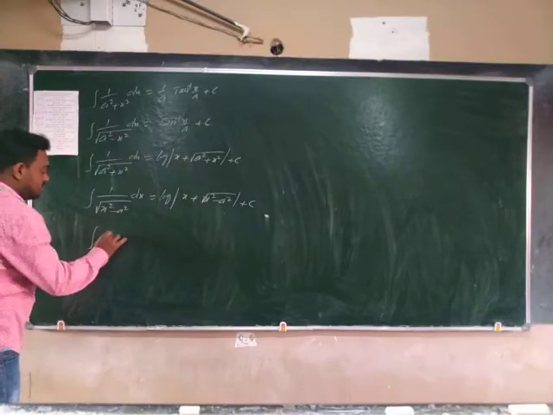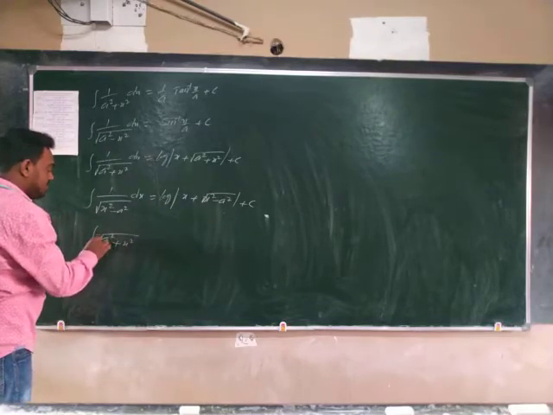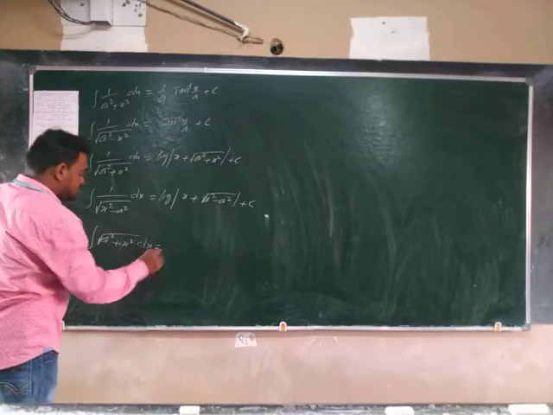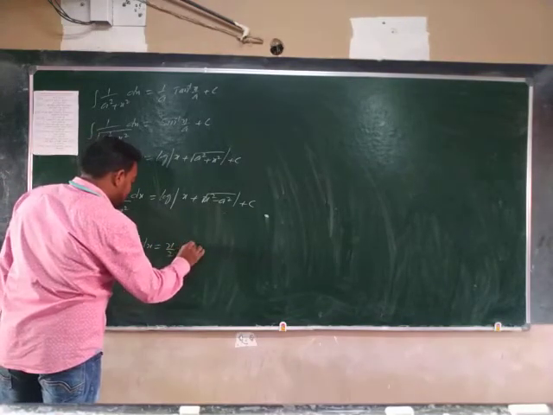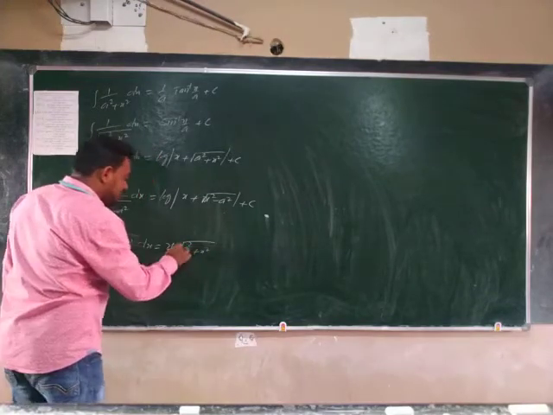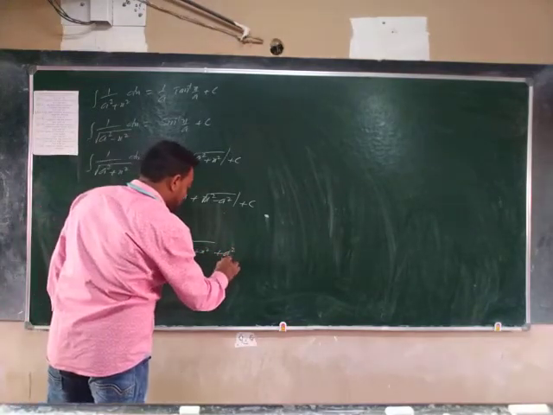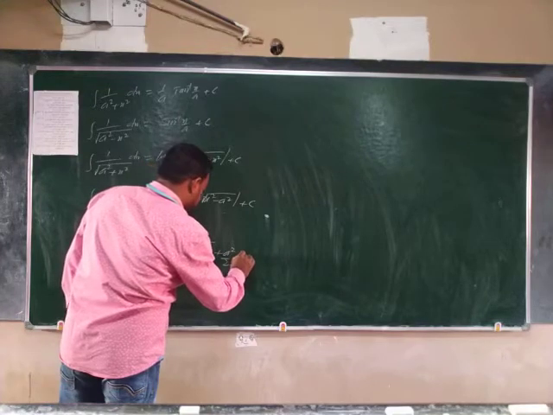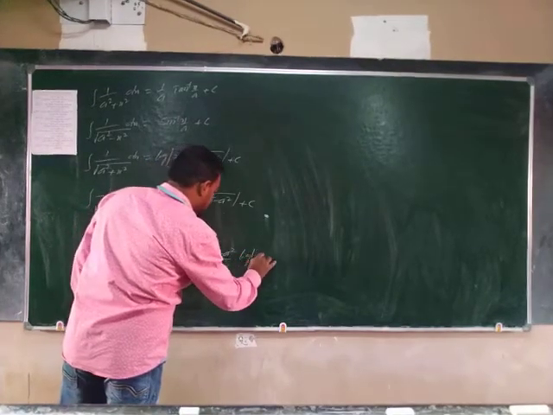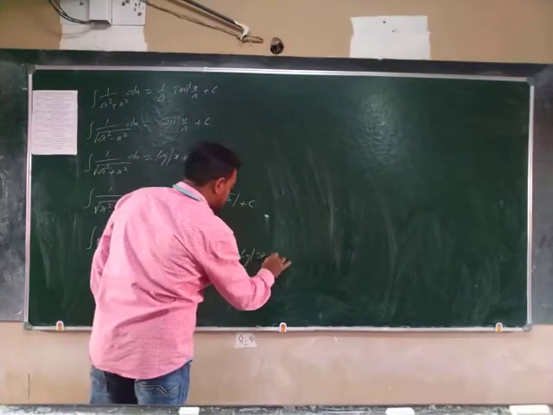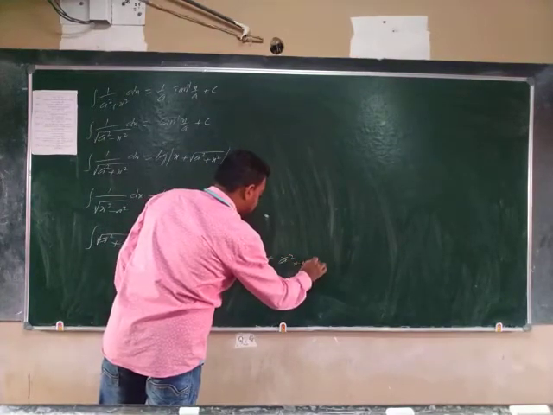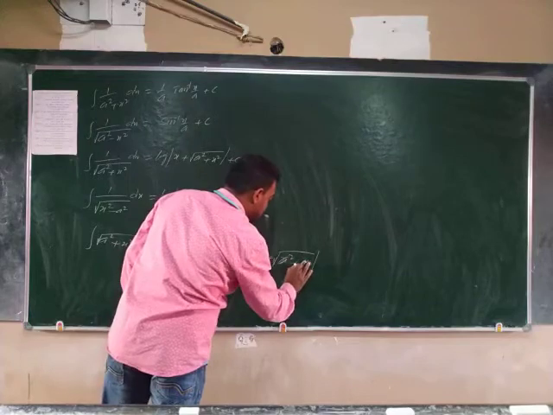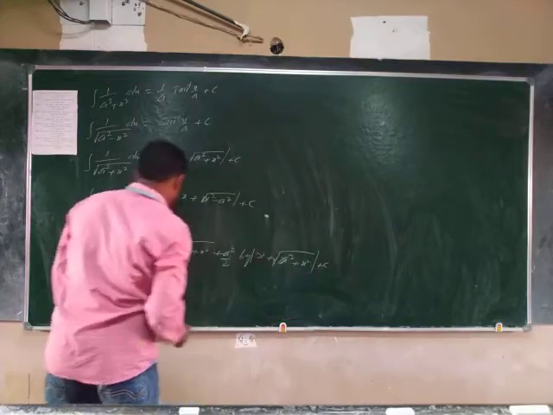Next, integration of under root of a square plus x square dx is equal to x by 2 into under root of a square plus x square plus a square by 2 into log mod of x plus under root of a square plus x square plus c.